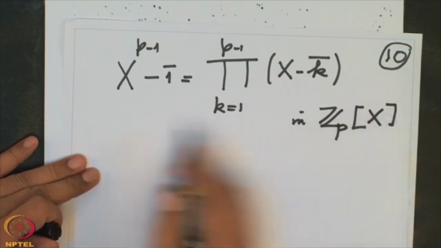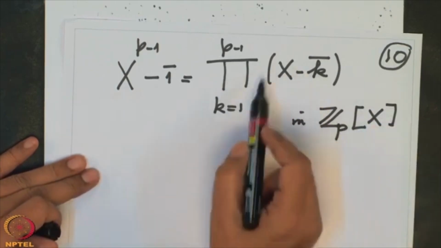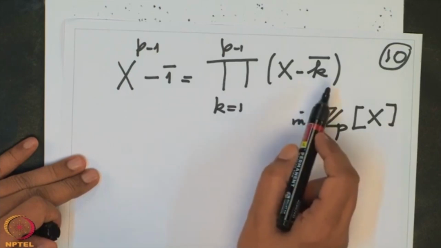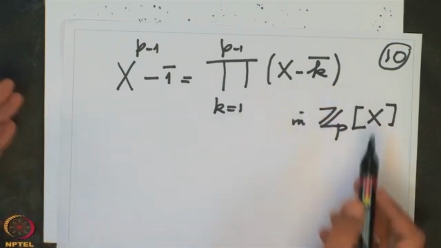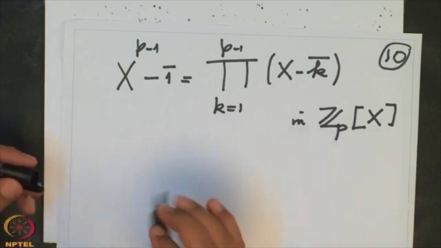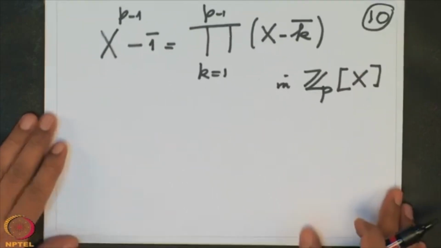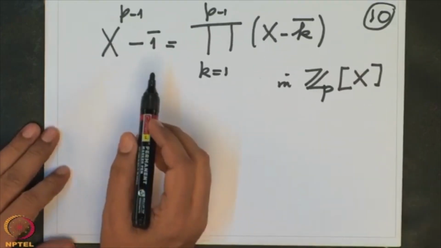So that means this polynomial factors into linear factors, and we also know the zeros, and they are all in the base field. So there is no need for extension. The formula is clear. Now I want to deduce one more fact from this equation.